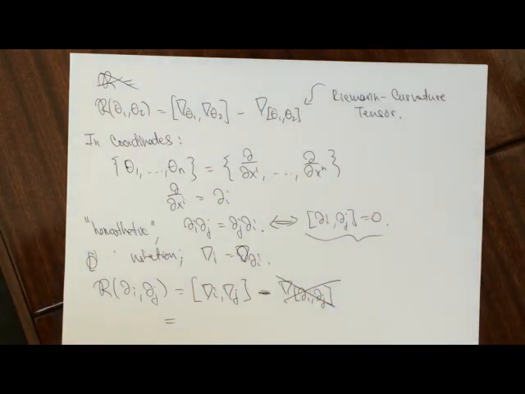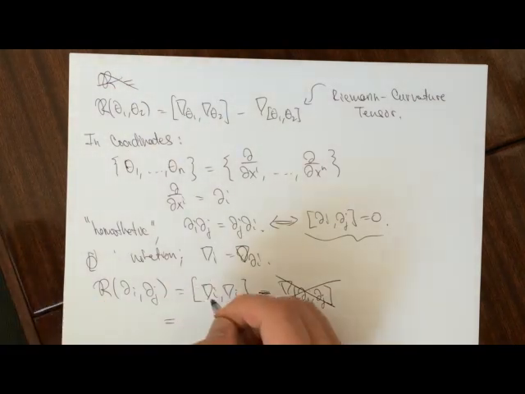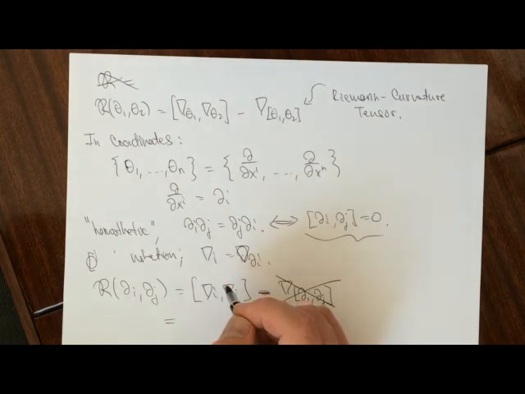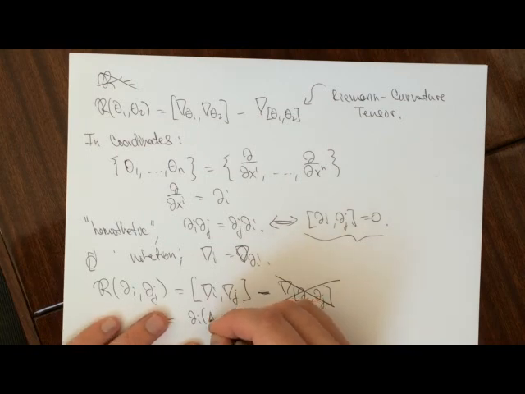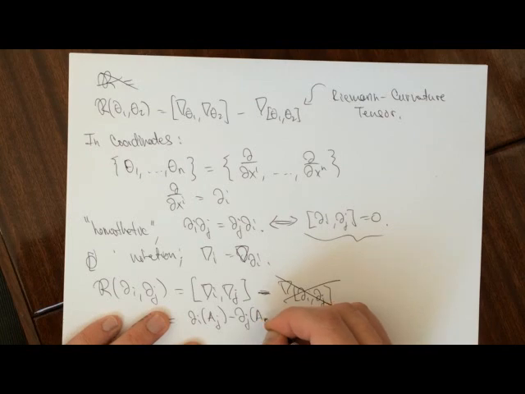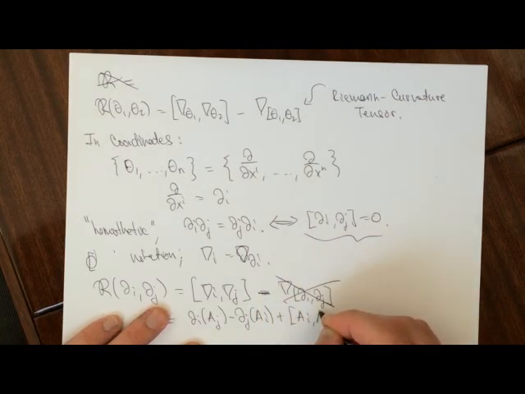And that allows us to just plug in our formula that we derived earlier. So as operators, this guy just looks like d_i a_j minus d_j a_i plus a_i a_j.